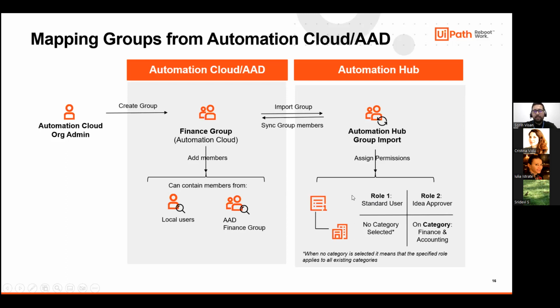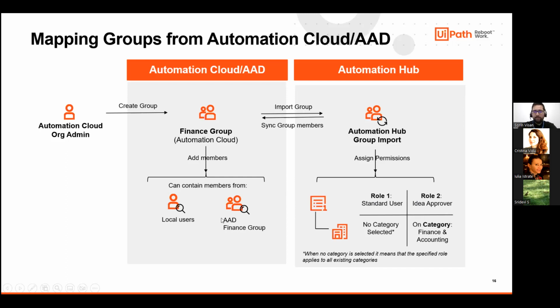This means that everybody from finance will be able to view all the ideas in Automation Hub and also submit ideas on any category. The second role that you will have for your finance group is the idea approval role, which will be applied specifically on finance and accounting.